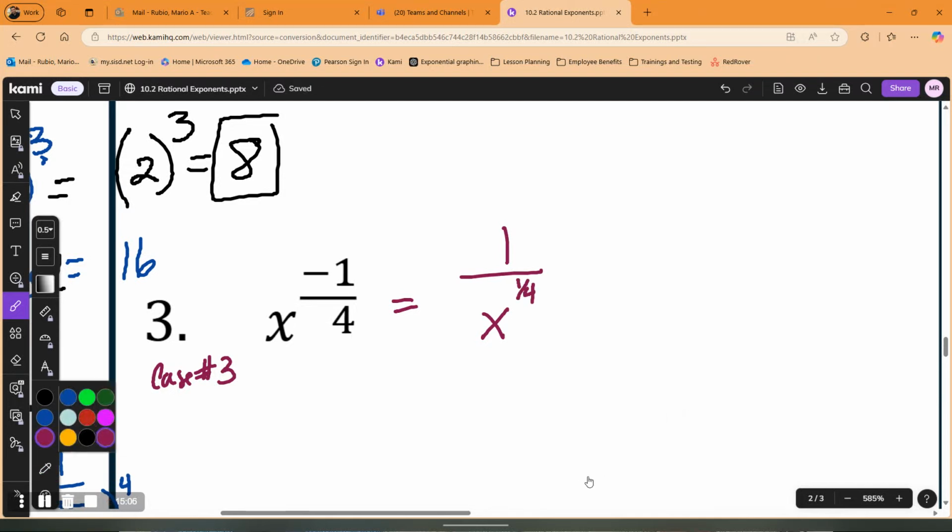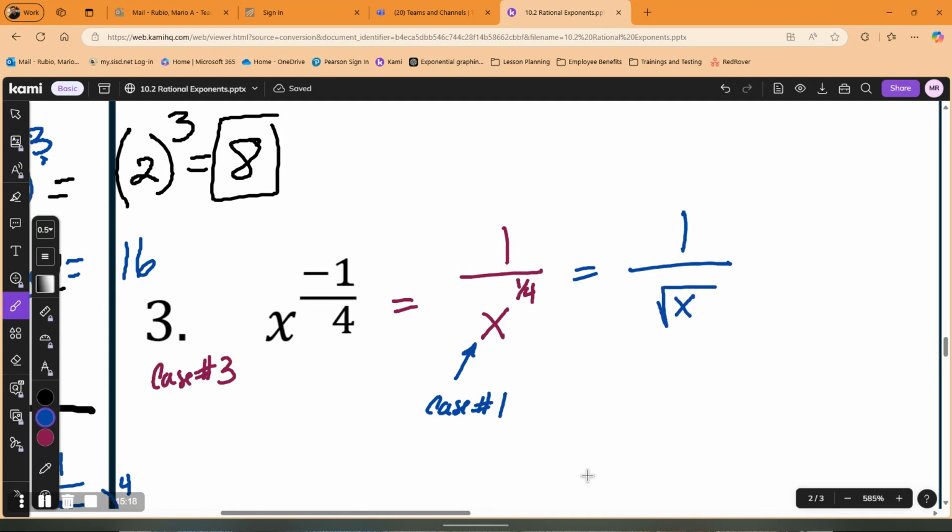And then now this is like case number 1. So I keep the 1, keep the division sign, and I can convert this to x inside the radical with the 4 out here. So this says the 4th root of x. And because it's a variable, I can simply leave it like that. I don't have to simplify anymore.